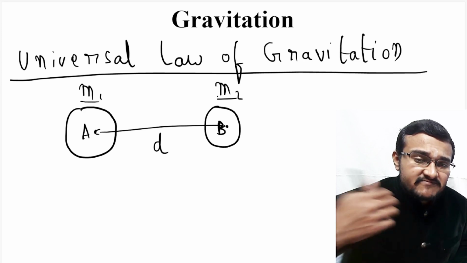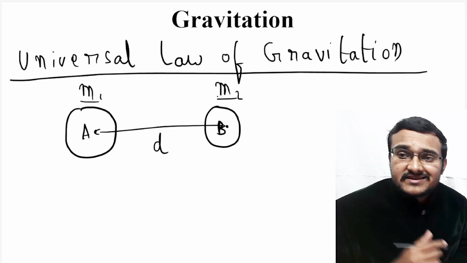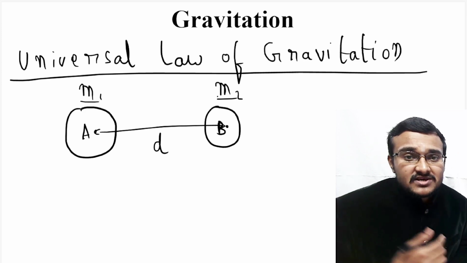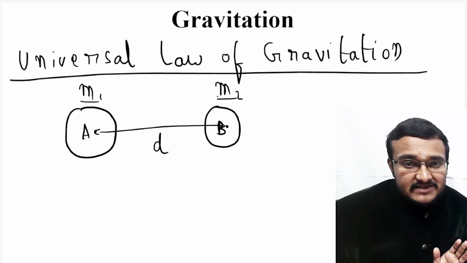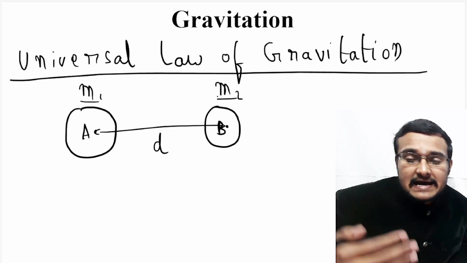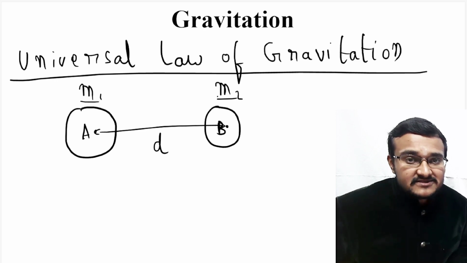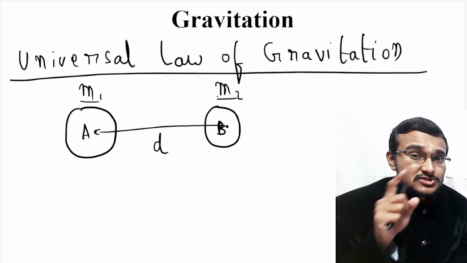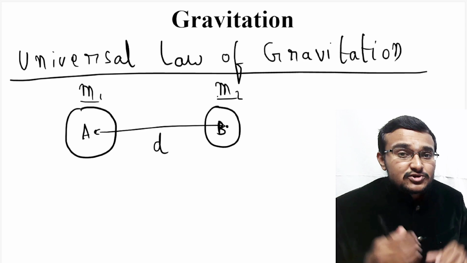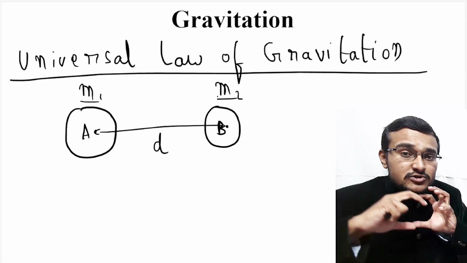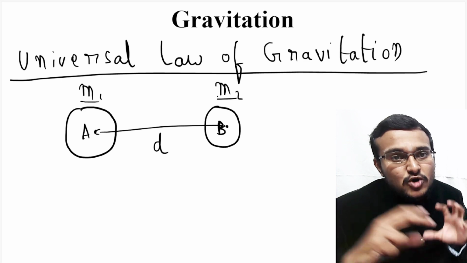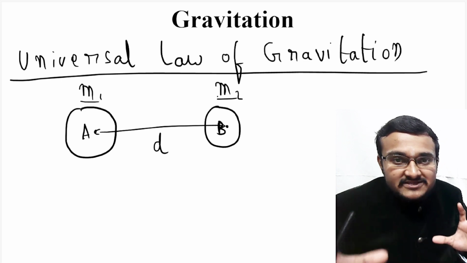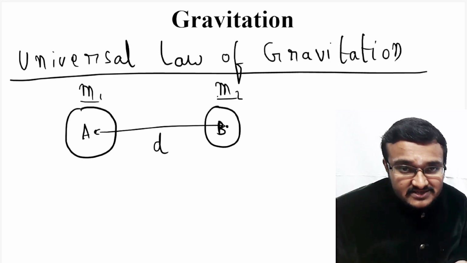So when the moon is very far away from the earth's surface, the earth cannot influence the moon, because the distance has increased and the effect of gravitational force reduces upon increasing the distance. That too, it depends on the square of the distance, because the distance is common between both the objects, so that's why you are considering the square of the distance.